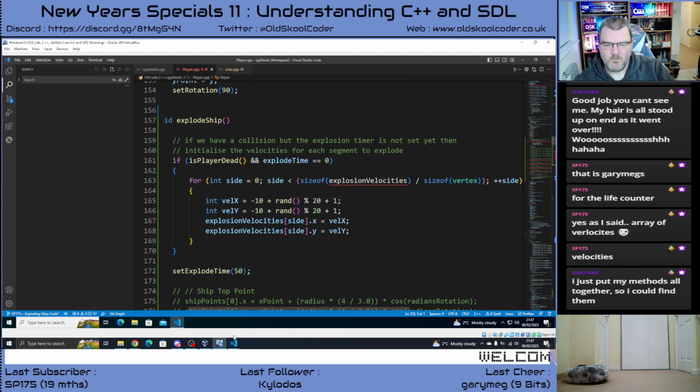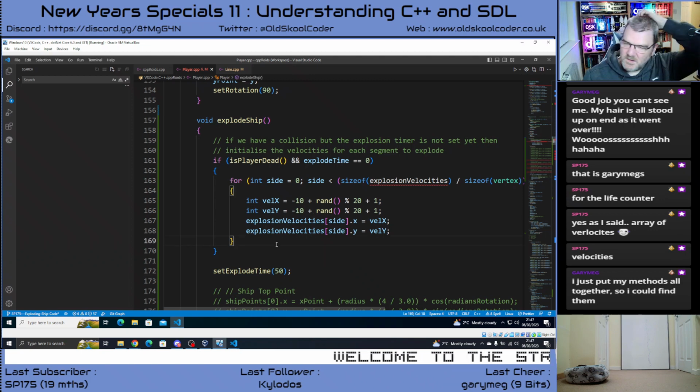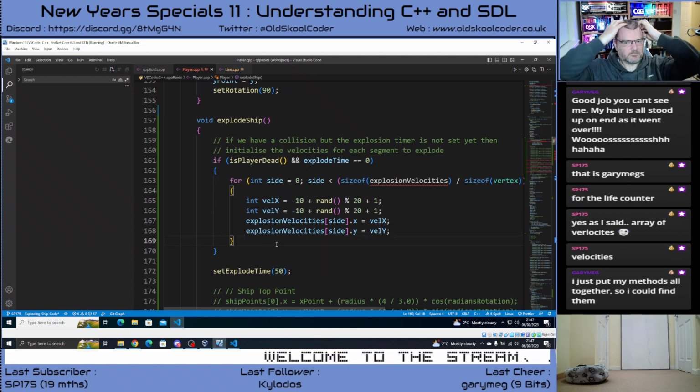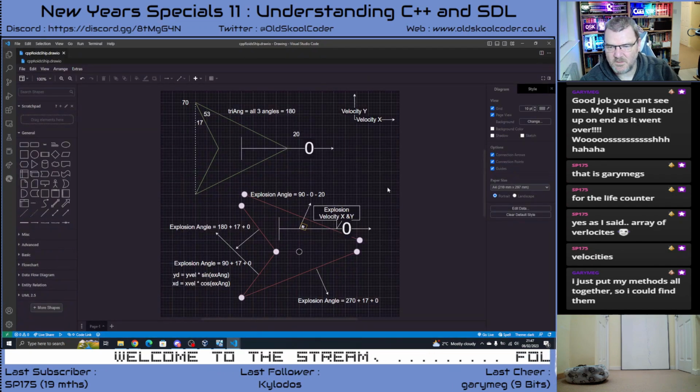Right. So, let's look at the diagram. Let's see if we can simplify these equations.